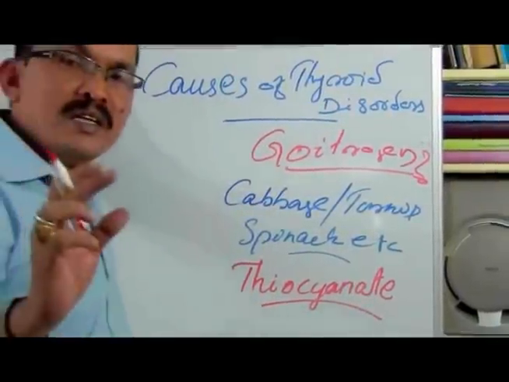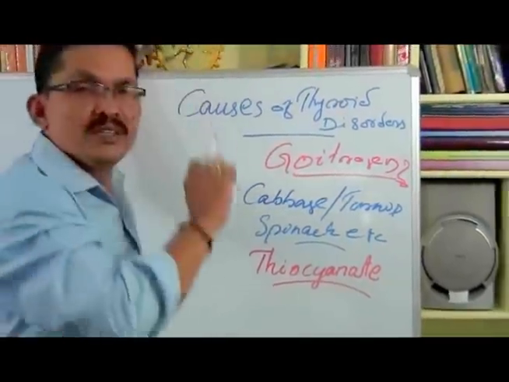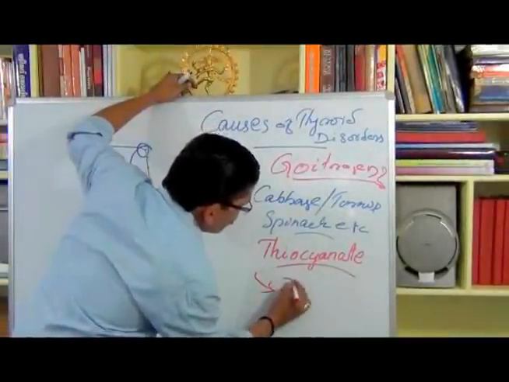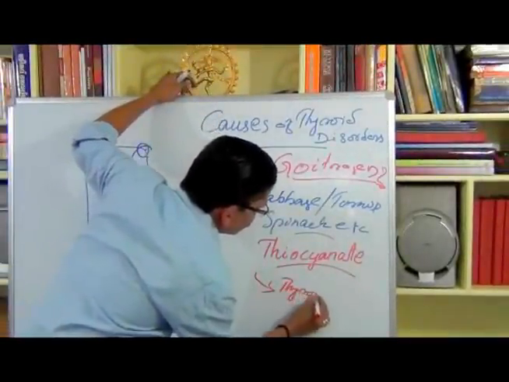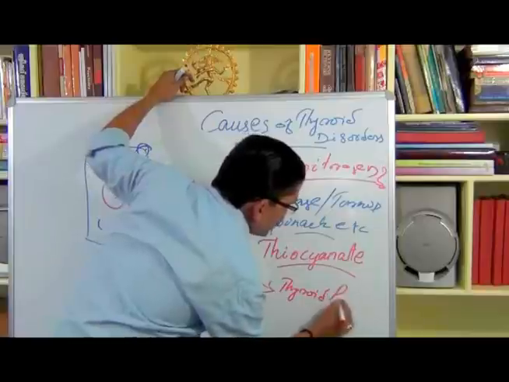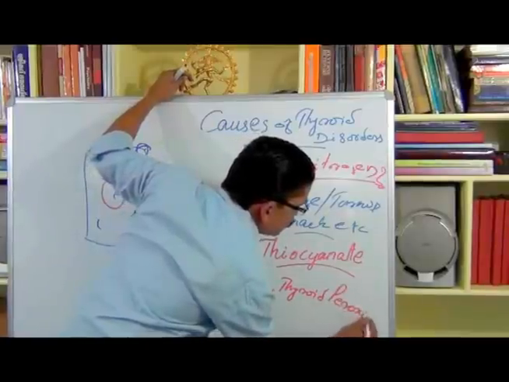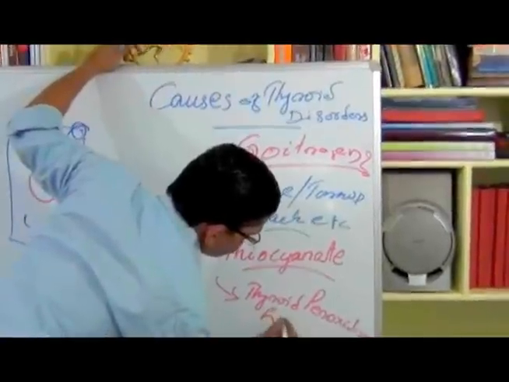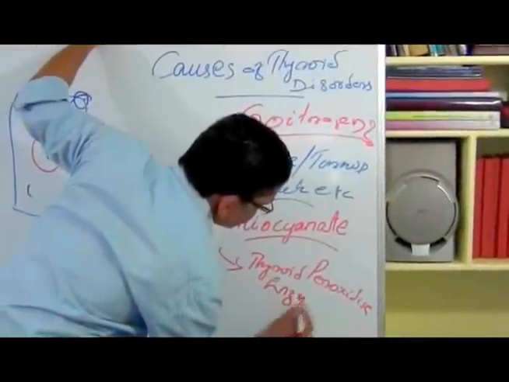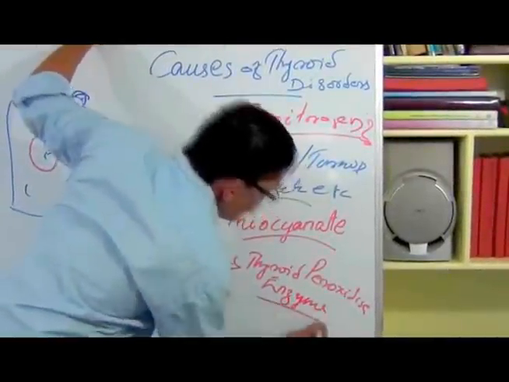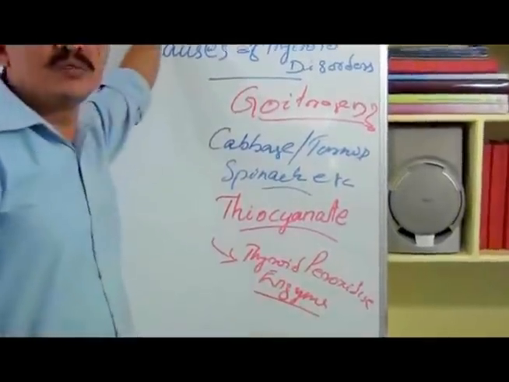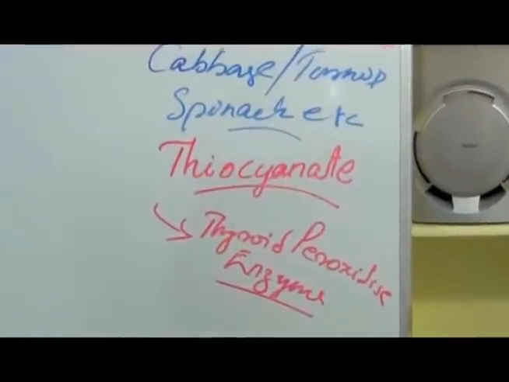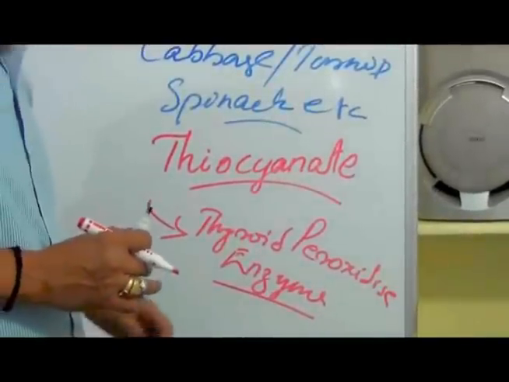This thiocyanate inhibits the action of the thyroid peroxidase enzyme, and thereby organification of the iodine may not take place properly.